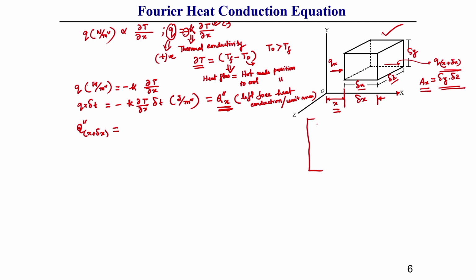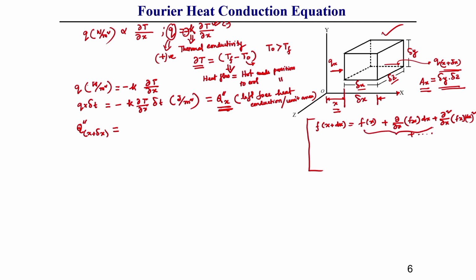Taylor series of expansion tells f of x plus dx, or delta x, is equal to f of x plus del by del x of f of x dx plus del 2 by del x square f of x dx whole square plus dot dot dot. So, in this case we will consider these two terms only, higher order terms we will neglect.